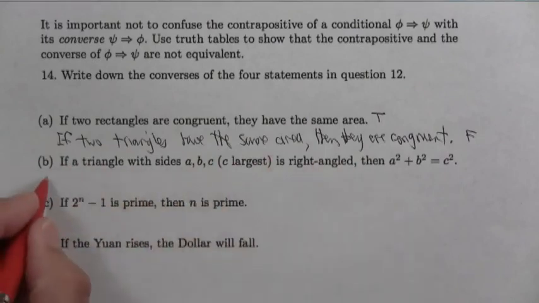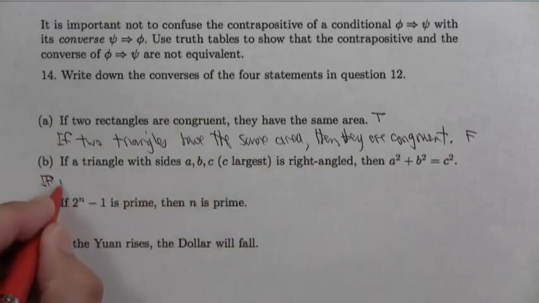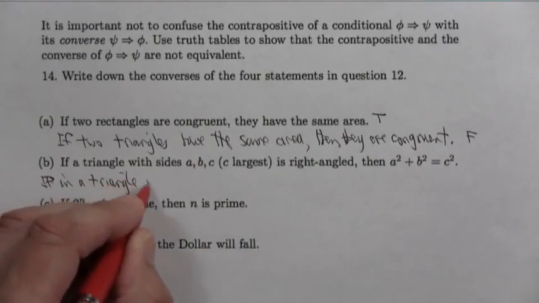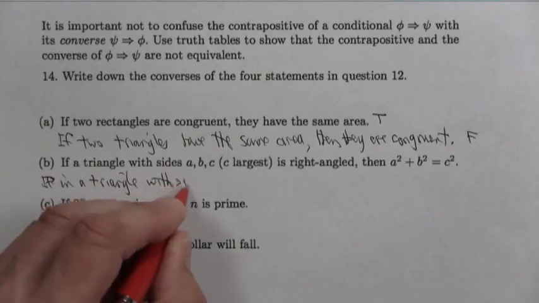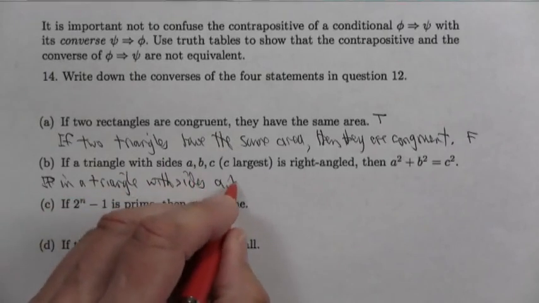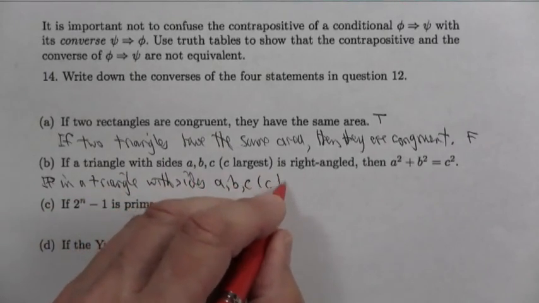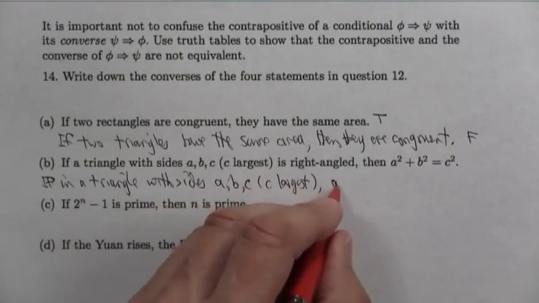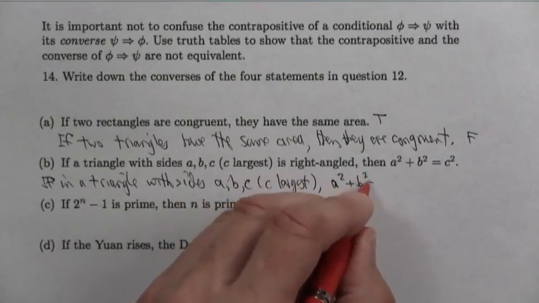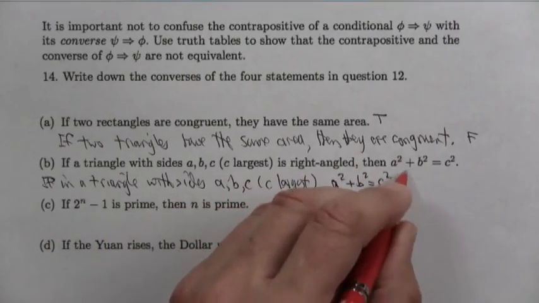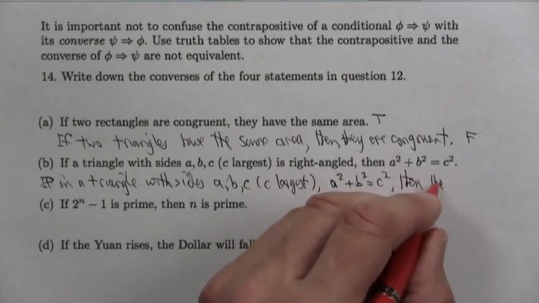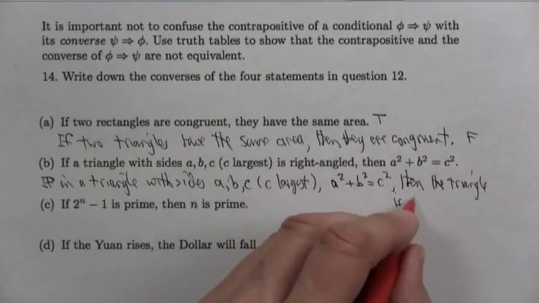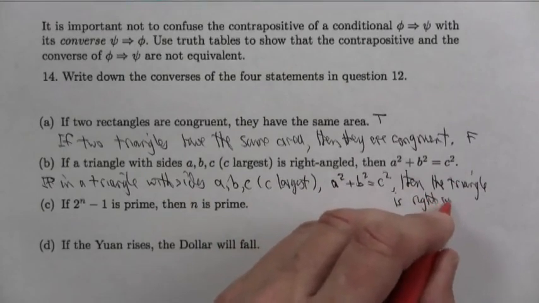The converse of this one is the following. If in a triangle with sides A, B and C, with C the largest, it's the case that a squared plus b squared equals c squared, then the triangle is right angled.